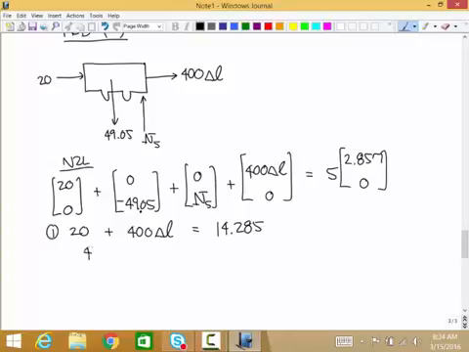And so 400 delta L is equal to negative 5.715. So delta L is equal to negative 0.0143.